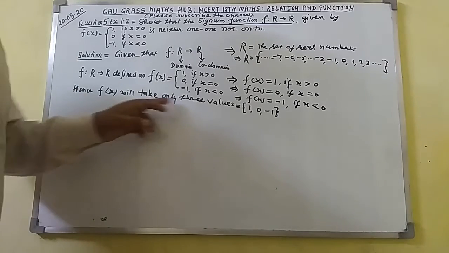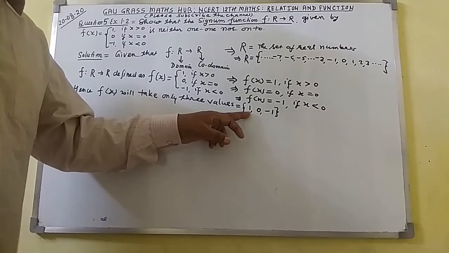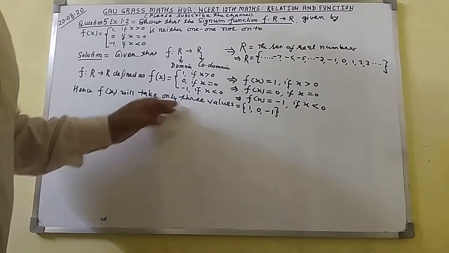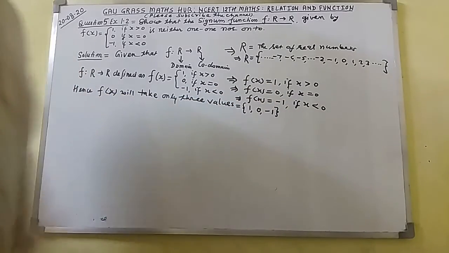So f(x) will take only three values: f(x) equal to 1, f(x) equal to 0, f(x) equal to -1.